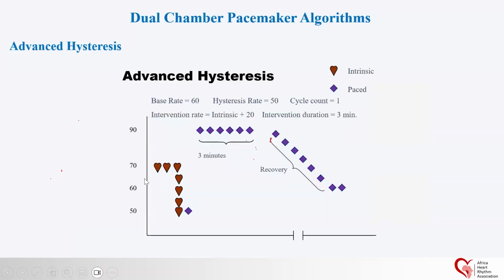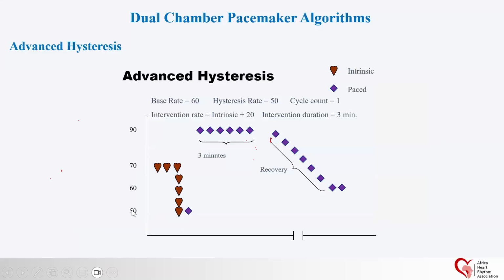So we can see it here. Here we have the intrinsic rate. This patient has an intrinsic rate of 70. But here we have a drop of rate. The drop of rate will reach 50, which is the series rate.